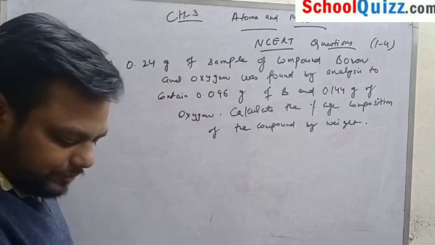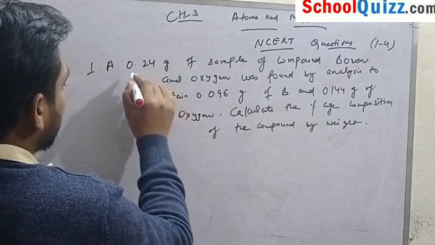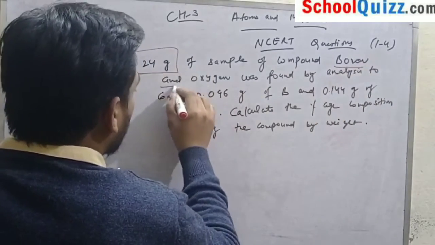So first of all, highlight the major portion: 0.24 gram is given as the weight of the sample of compound of boron and oxygen.